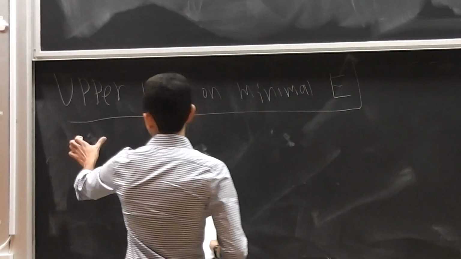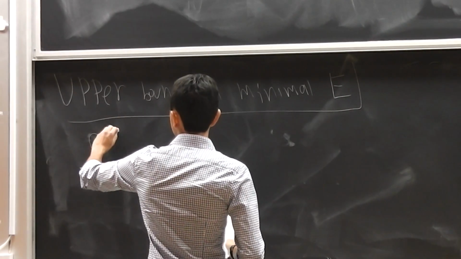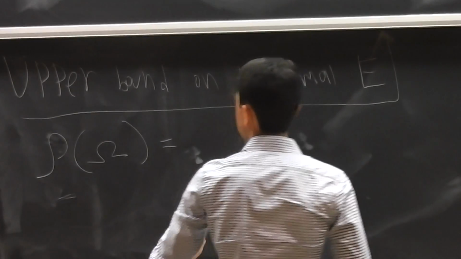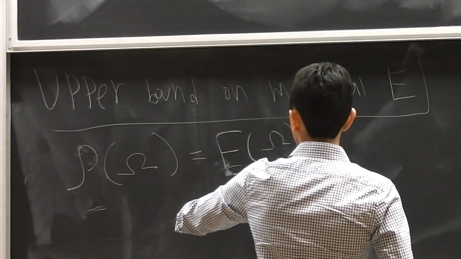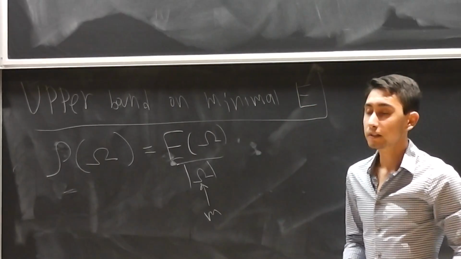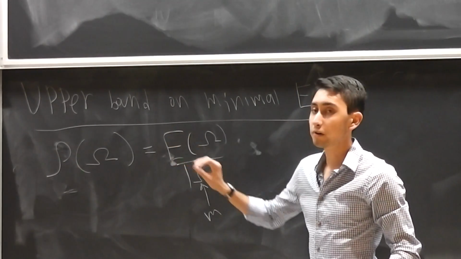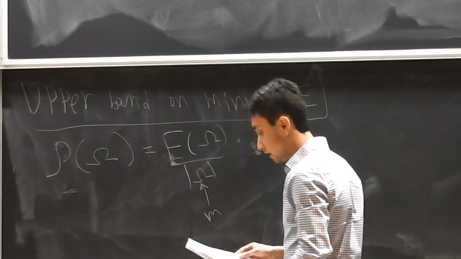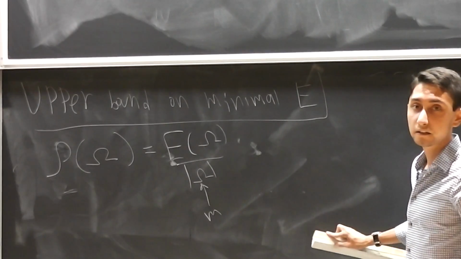So now instead of working with E, we're going to work with rho, and we just define rho of some set omega to be E of omega divided by the mass. Minimizing E is the same as minimizing this rho, as long as M is fixed. So first let's find the energy density of just a single ball.